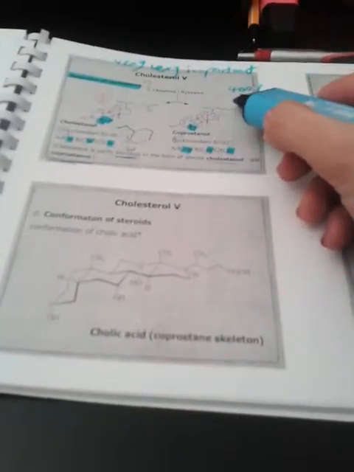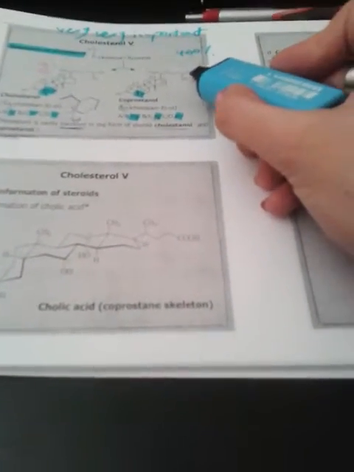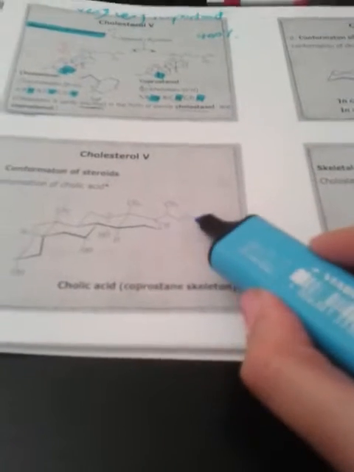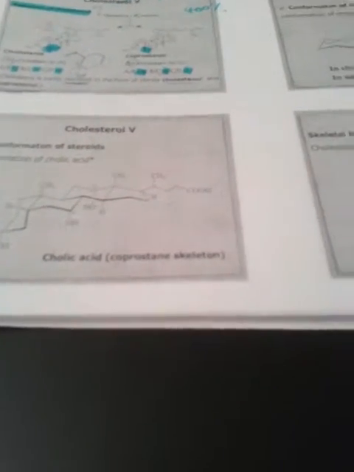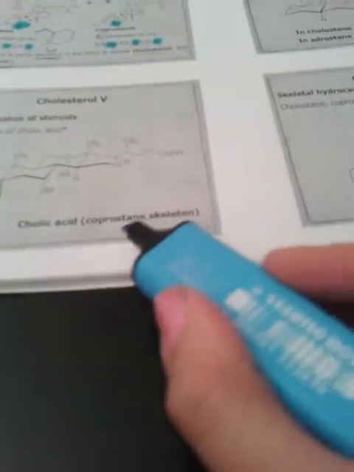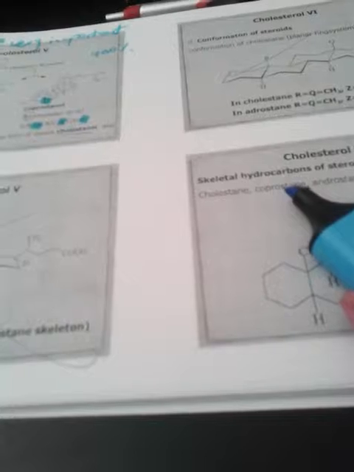It's written here: a very long branch with methyl, but a very low branch with carboxylic acid. It comes from coprostanic acid. Forget it. Now, cholesterol, coprostan, androstan, and pregnan are different steroids.